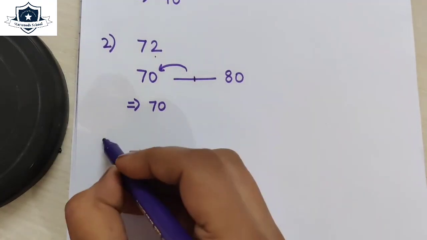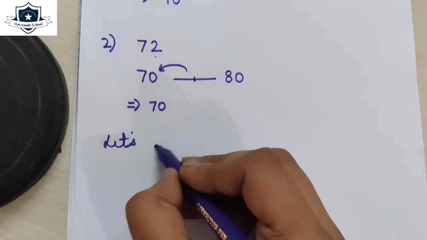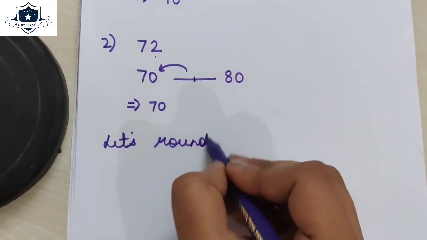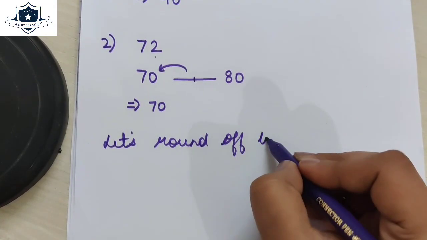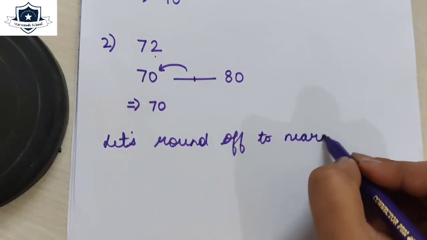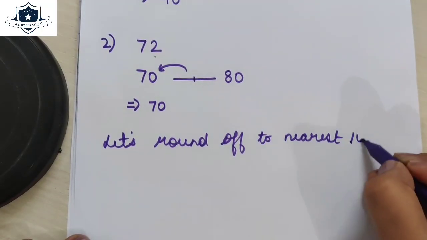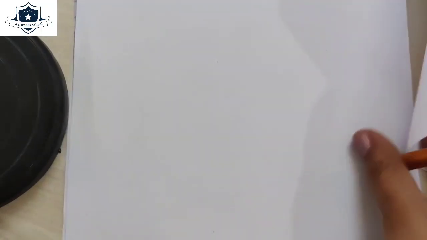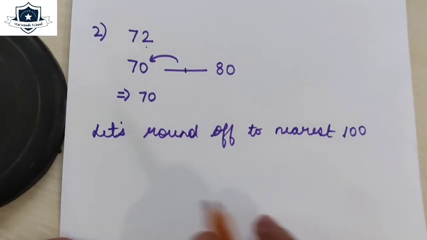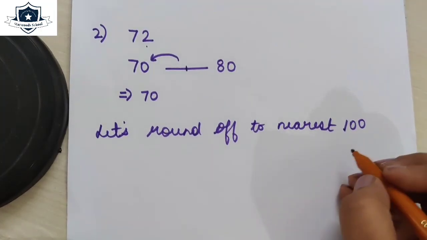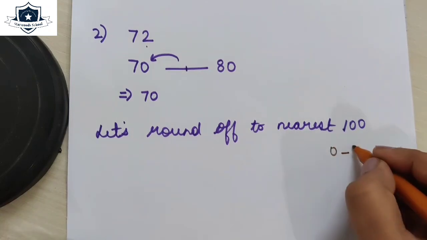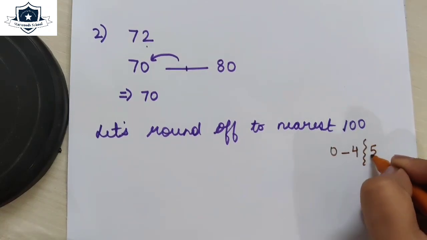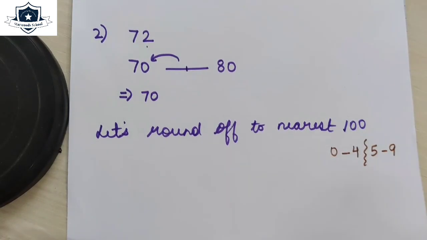Let's take up hundreds. Let's round off to the nearest 100. Again, the same thing, we'll keep it in mind: 0 to 4 is one bracket, 5 to 9 is the elder bracket.